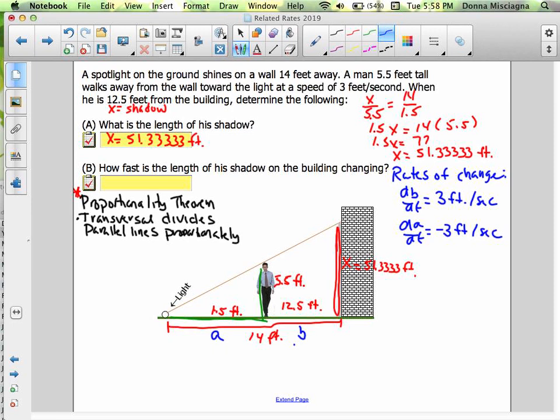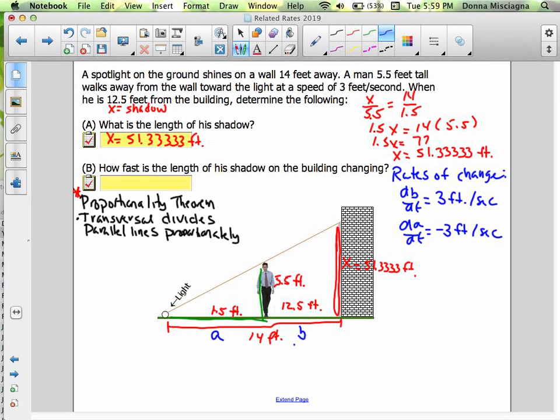And so as whatever rate he increases his distance from the wall, he's decreasing his distance to the light. All right? So hopefully that makes sense on this particular problem. It's a little different because of where the light is. It's not behind him.